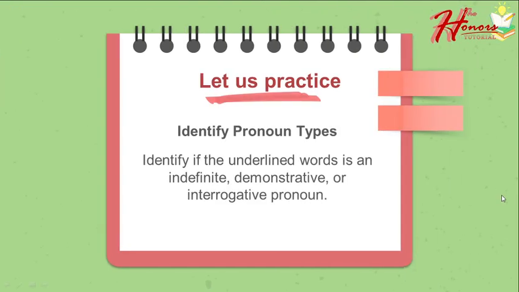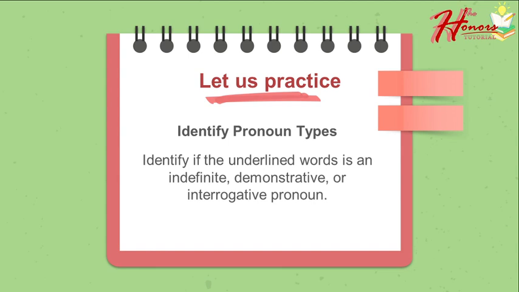Before we proceed with the activity, let's have first a quick review. We have three other types of pronoun. The first one is the indefinite pronoun. When we say indefinite pronouns, those are pronouns that don't specifically identify what they are referring to.